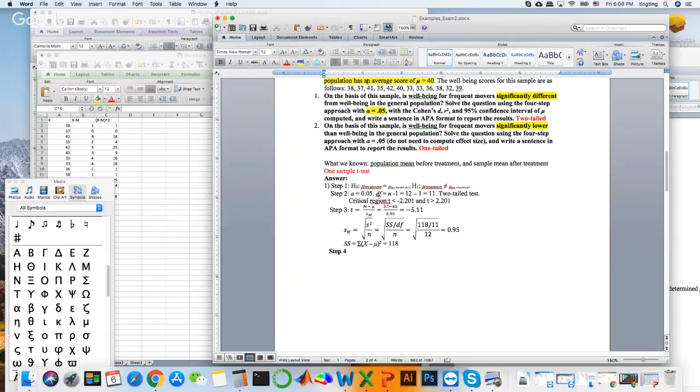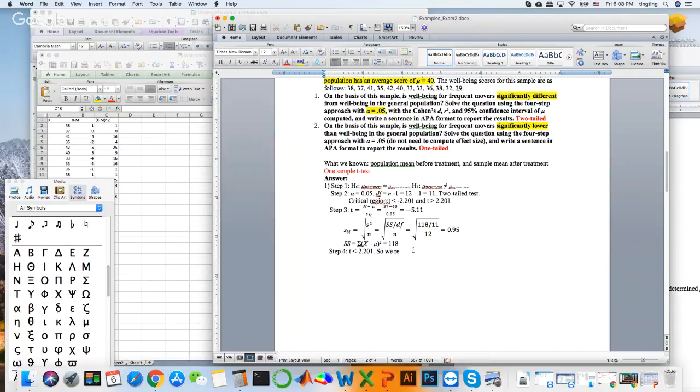So let's start with step 4, how to make the decision. Because the t is smaller than the negative boundary, it is located in the critical region.